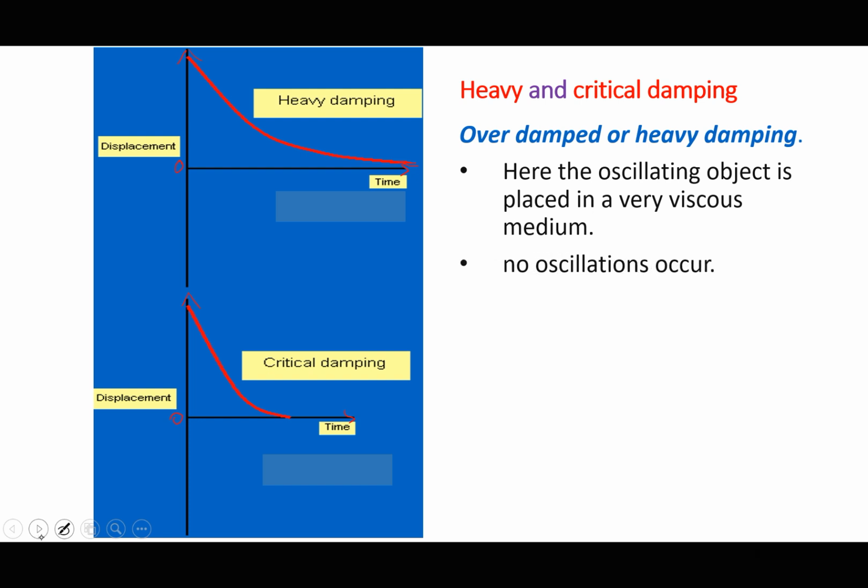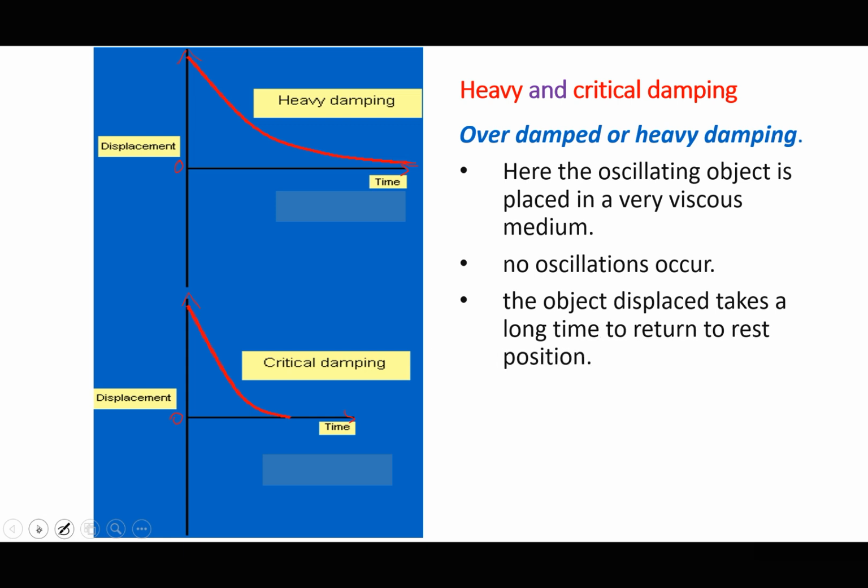Here the oscillating object is placed in a very viscous medium. That is, if it is in a liquid, we talk about viscosity. There will be no oscillations for heavy damping, but the displaced object takes a long time to return to its rest position. That's what we call overdamping.